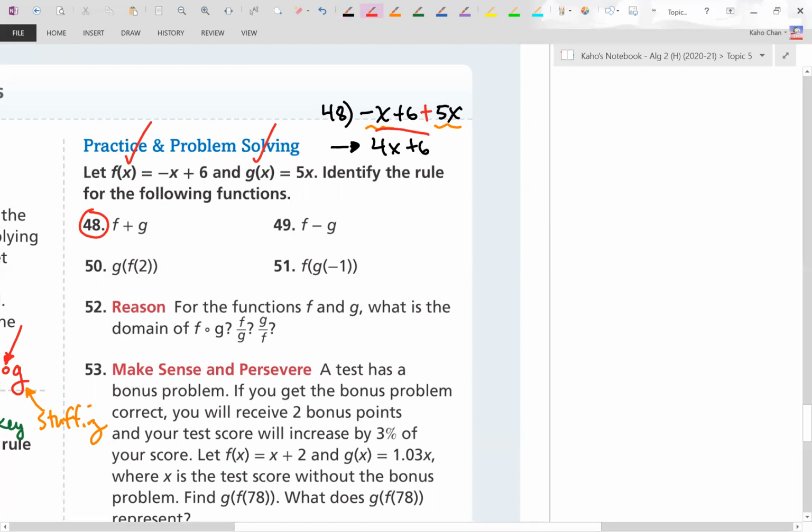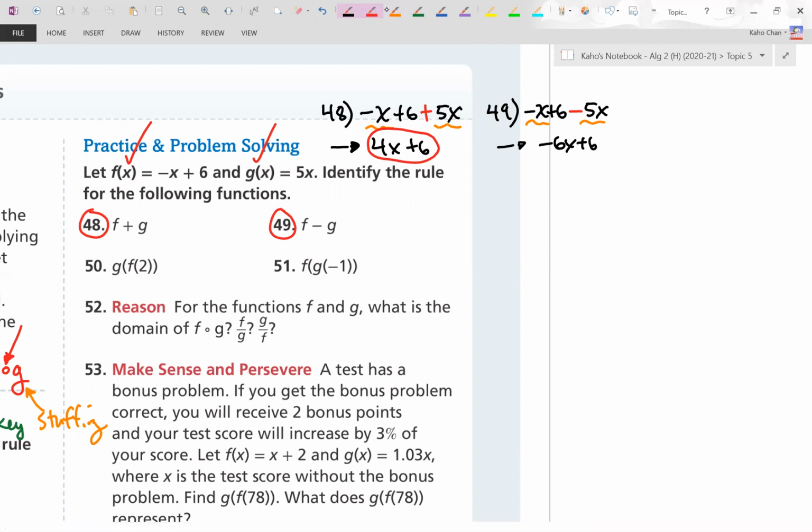That's it. Nothing too exciting. 49, we're subtracting f and g. Here's f again. This time we're going to subtract g. Ooh, watch out for those signs there. Negative 1x and negative 5x is negative 6x.